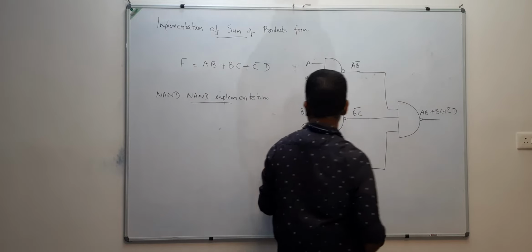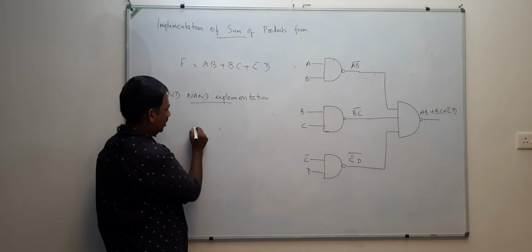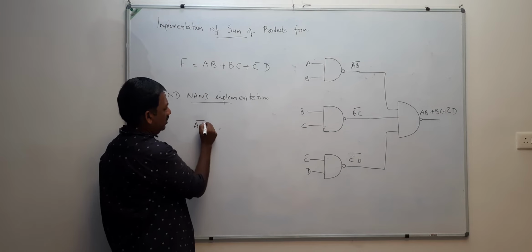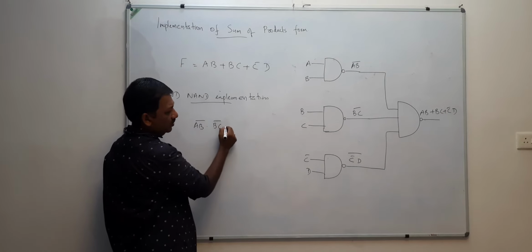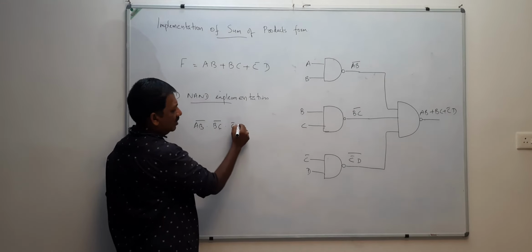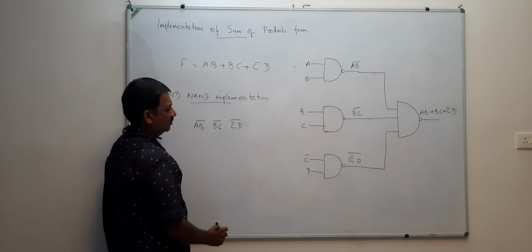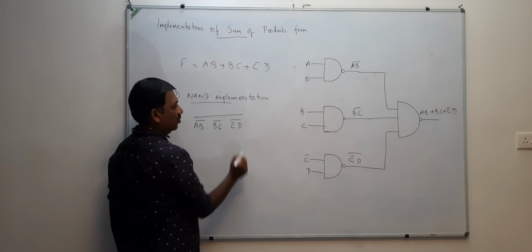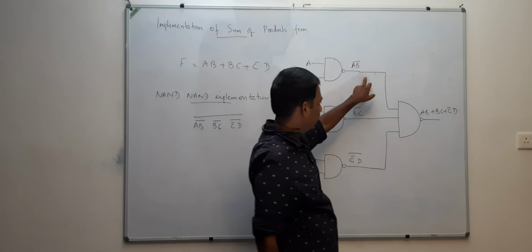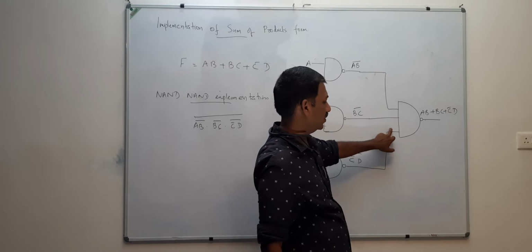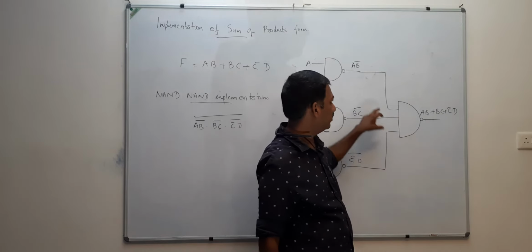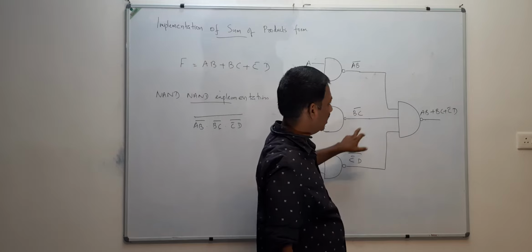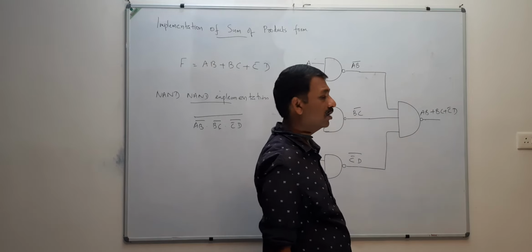That means the product of those three is AB bar into BC bar into C bar D the whole bar, and the whole bar. That means after multiplying these three, you are going to take the complement.